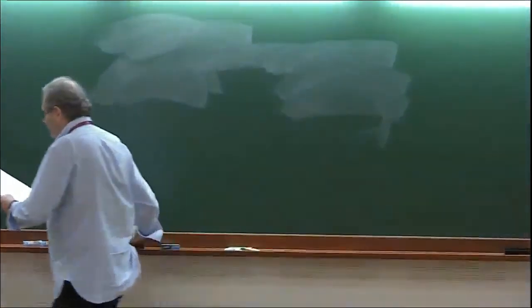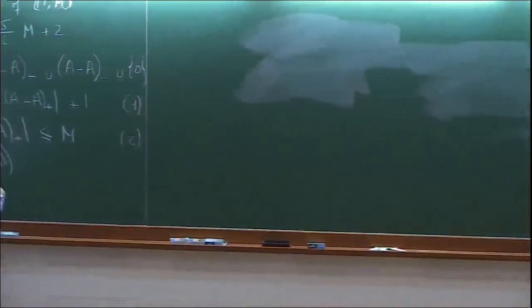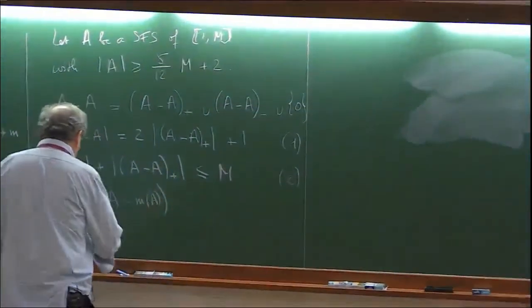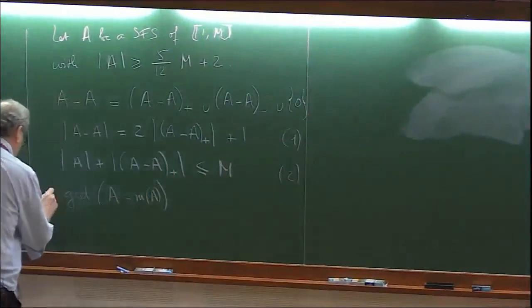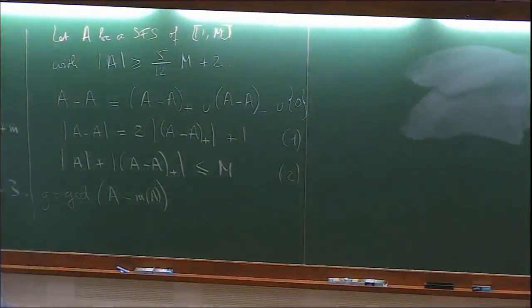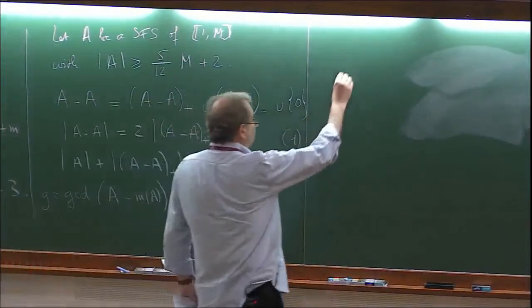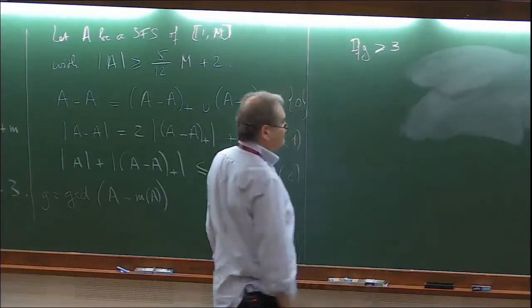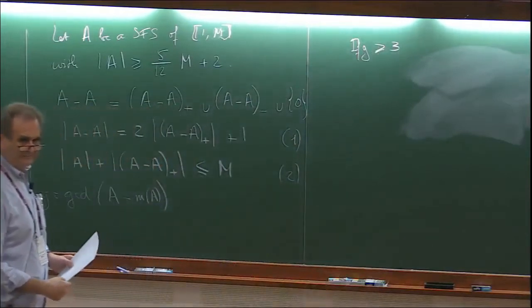So, okay. Assume the GCD, let us say I call it G, is equal to the GCD of that. If G is larger than 3, what happens?